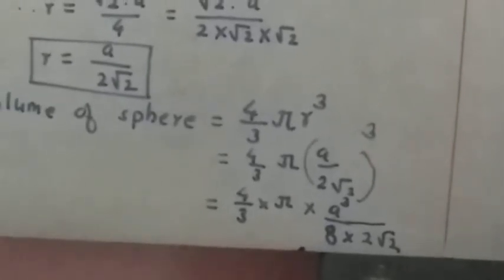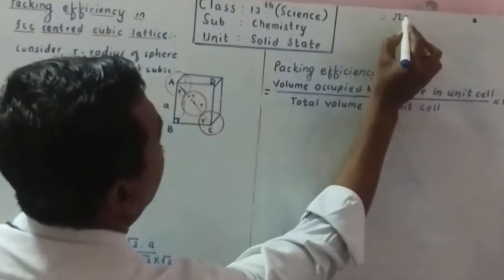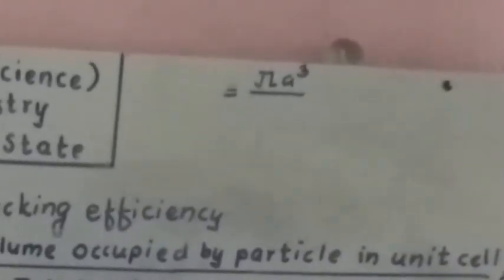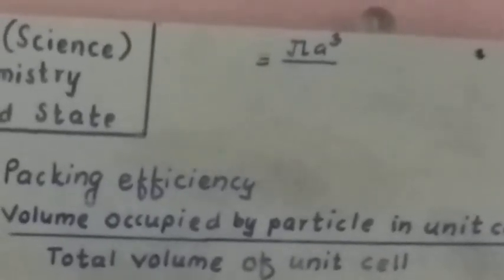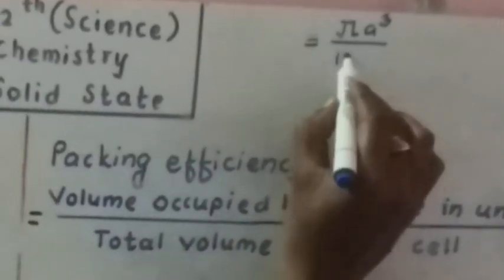So it will be pi a cube upon 3 into 2 is 6, into 2 is 12 root 2. So pi a cube upon 12 root 2. So this is the volume of only one particle.